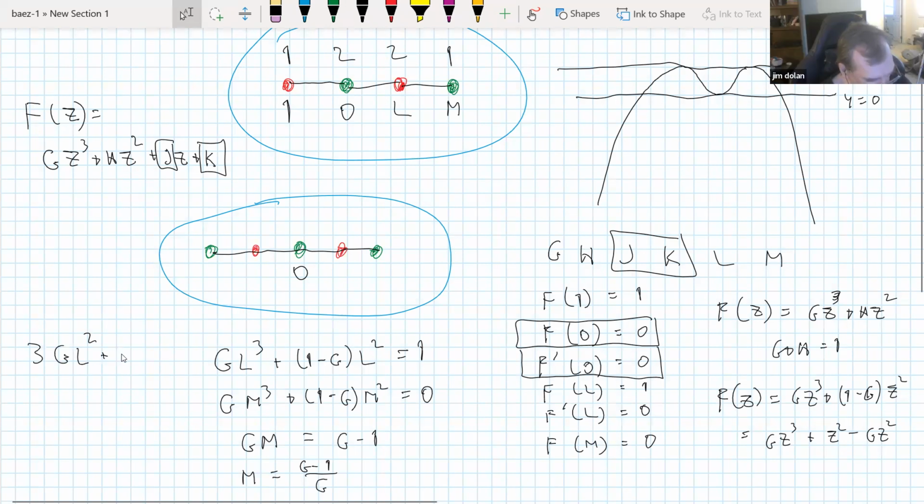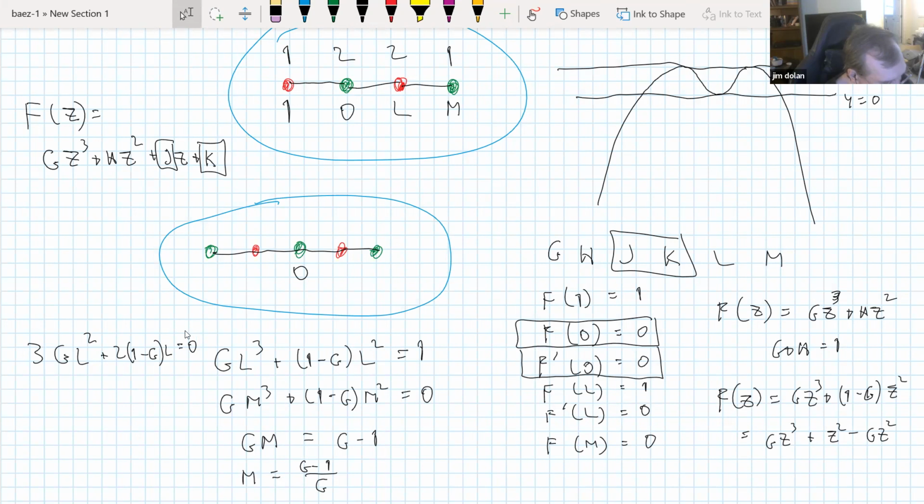Should I write down H as 1 minus G? Sure, if you want to show off. Eventually we should. Times L equals 0.